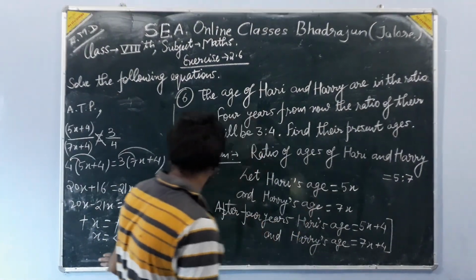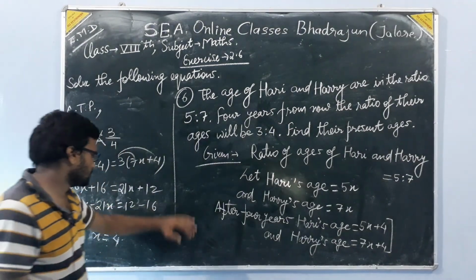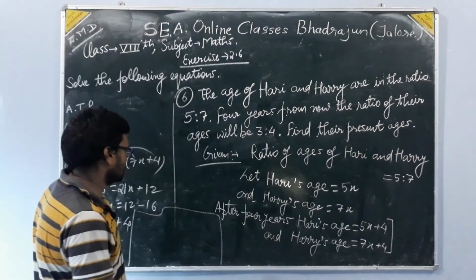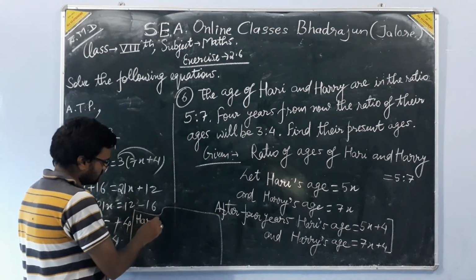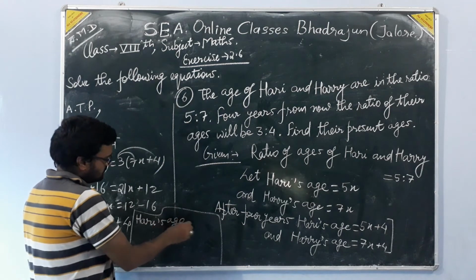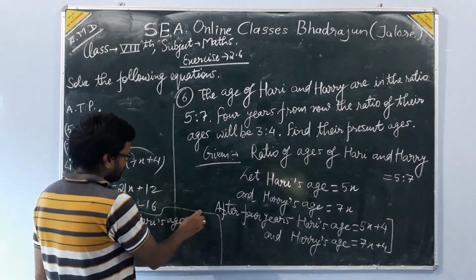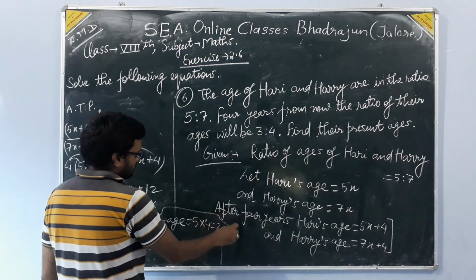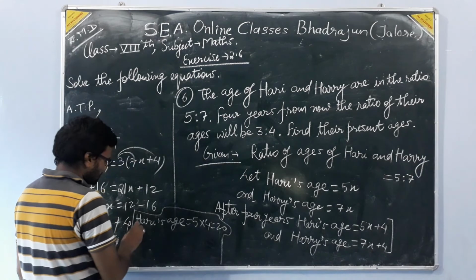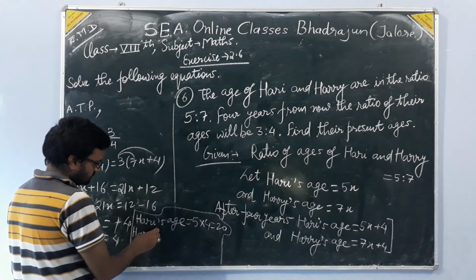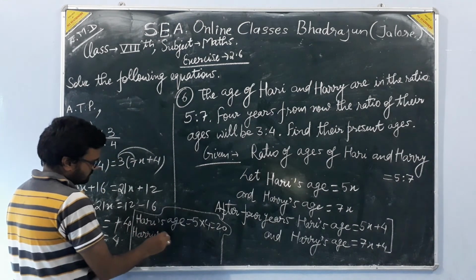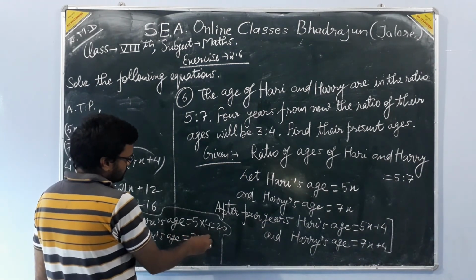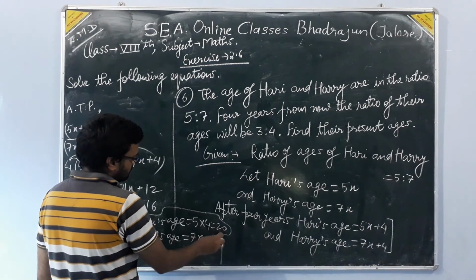Now here I am just going to write our answer over here in this space. Hari's age equals to 5 into 4, which is equals to 20, and Harry's age equals to 7 into 4 equals to 28.